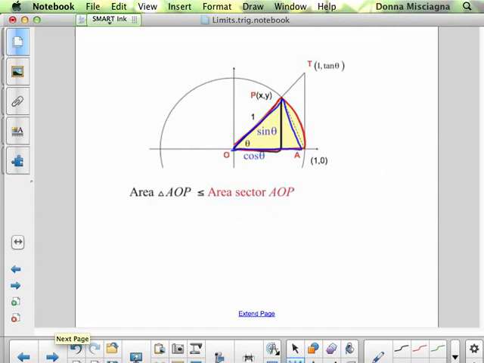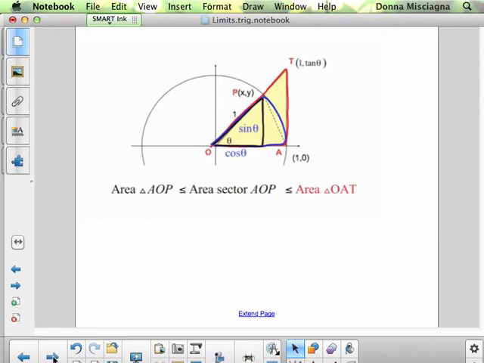So that triangle there, triangle AOP, has a smaller area than does sector AOP. And they both have a smaller area than the large triangle OAT. All right? So we've got triangle OAP, which is not outlined at all. Let's outline that one in green.